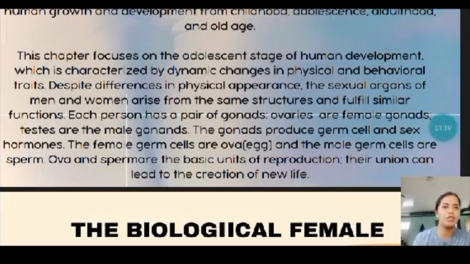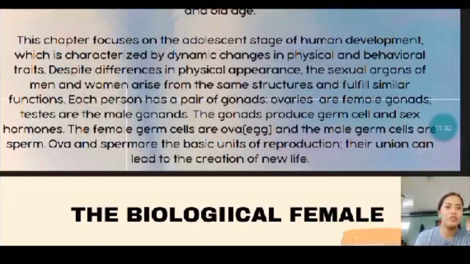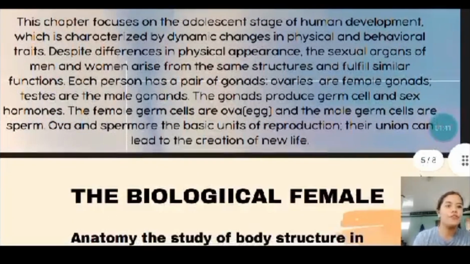This chapter focuses on the adolescent stage of human development, which is characterized by dynamic changes in physical and behavioral traits. Despite differences in physical appearance, the sexual organs of men and women arise from the same structures and fulfill similar functions.